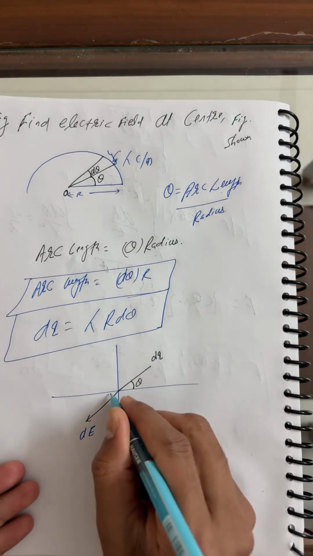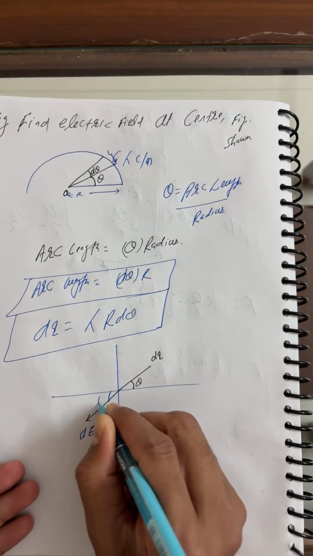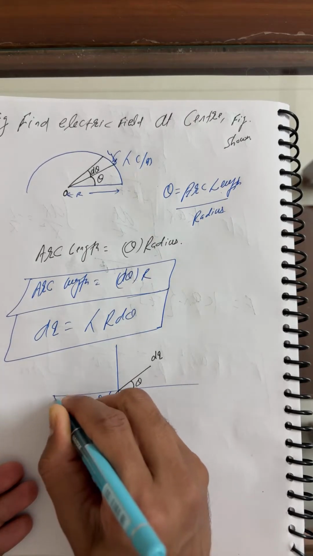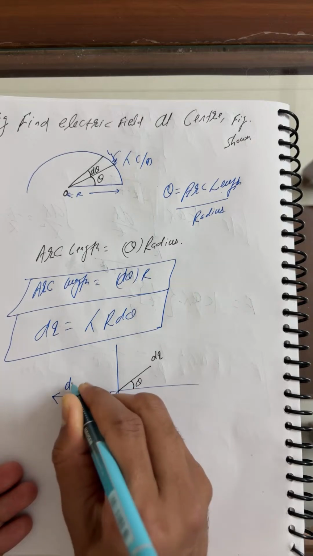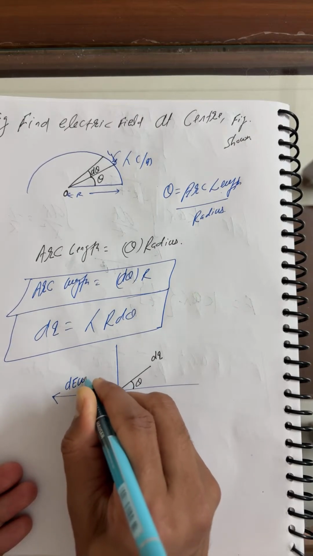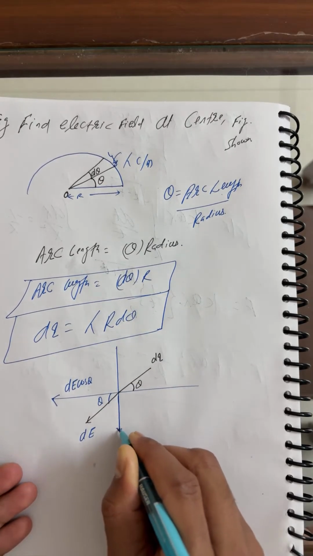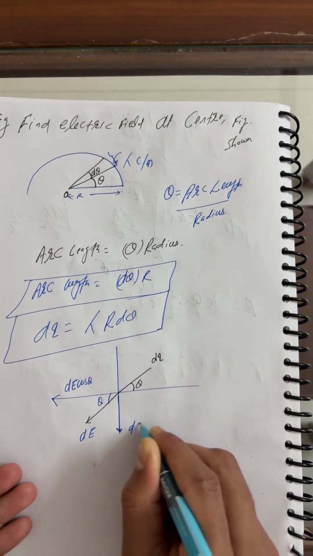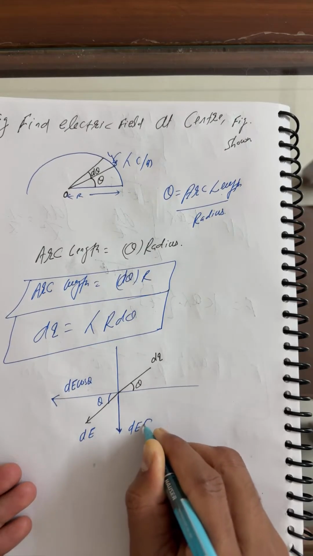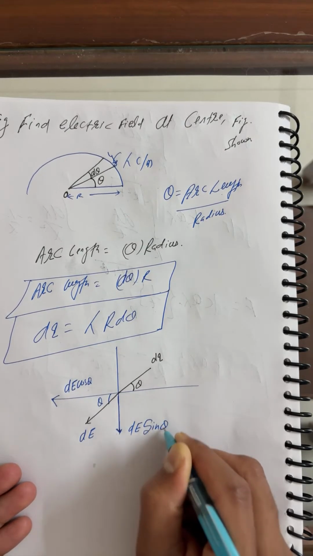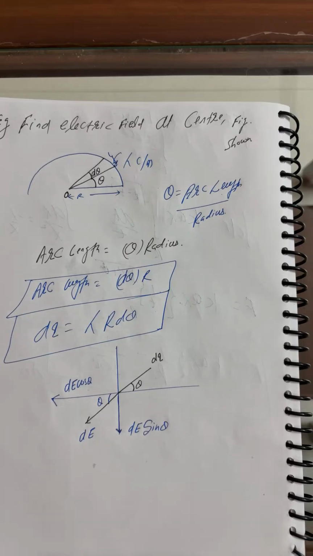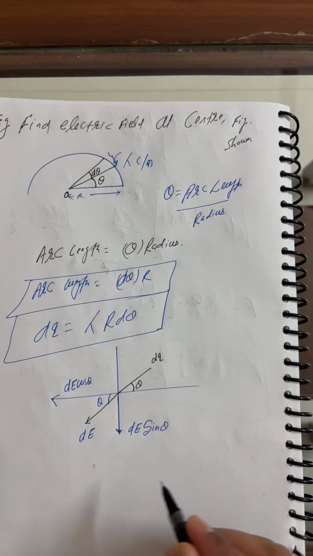So this is theta, from alternate angle this remains theta. So this is dE cos theta, and this is dE sin theta.